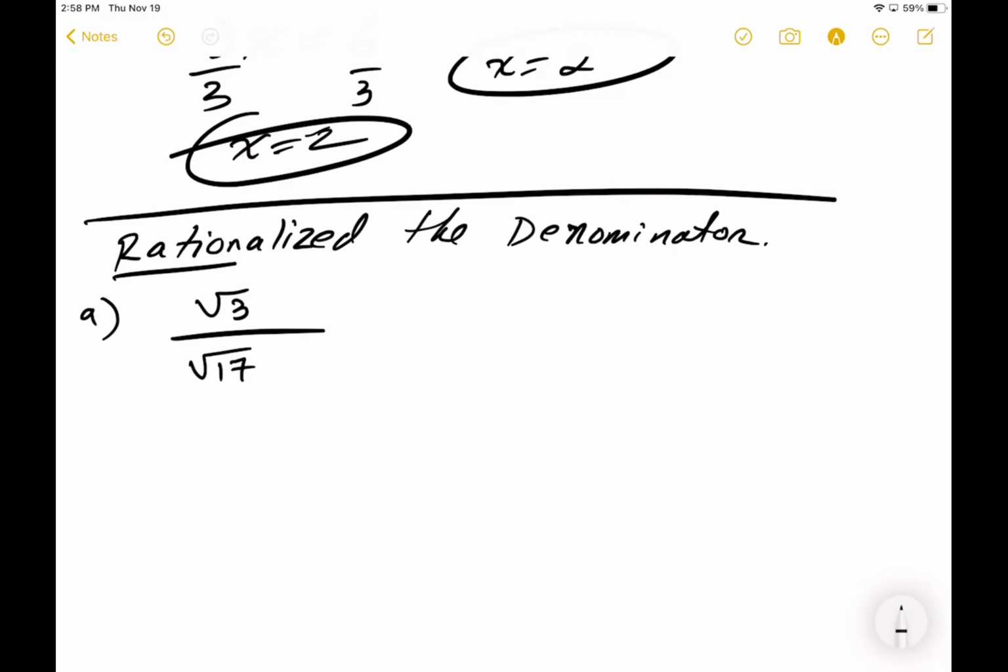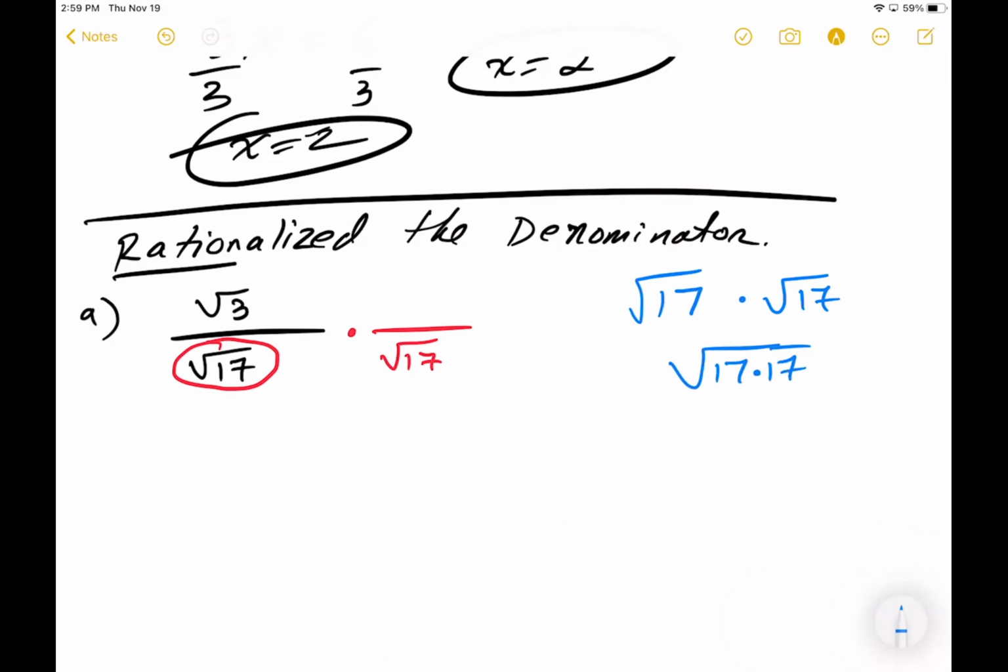Reminder, how do you rationalize the denominator? To rationalize the denominator, our objective, our goal, is that the denominator cannot contain a radical. So if you look at this, to get rid of this radical, all we need to do is multiply by the same radical, right? Because the square root of 17 times the square root of 17, everybody see that it's the same as 17 times 17, and inside we have 2.